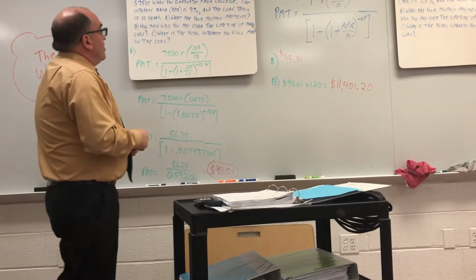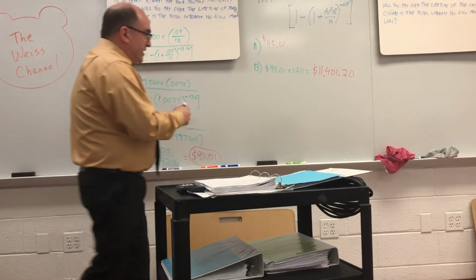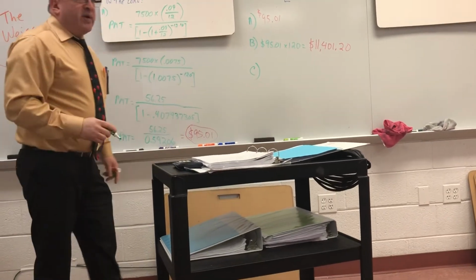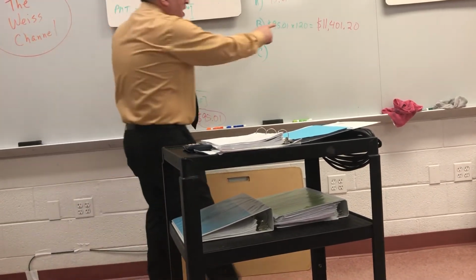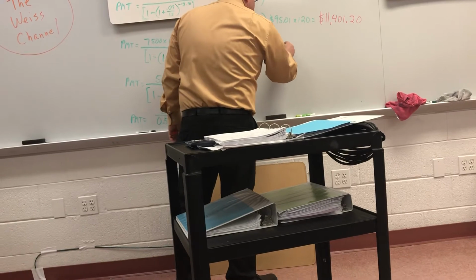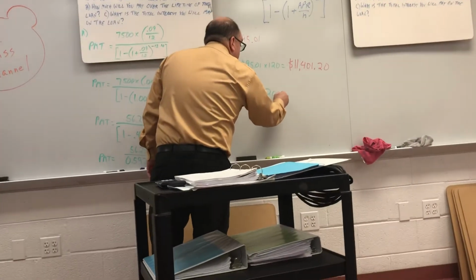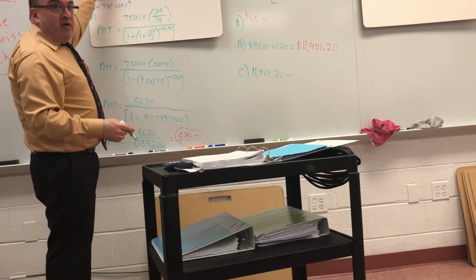Okay, so part C is very easy because it's asking what's the interest you're going to pay? Well, you're going to wind up paying $11,401 and 20 cents. But how much was the loan for? The loan was for $7,500, right?